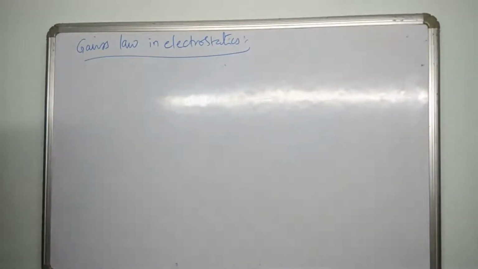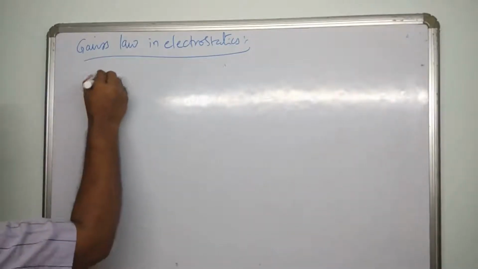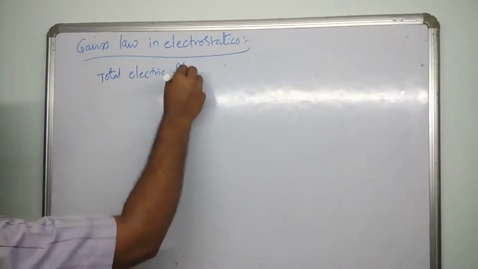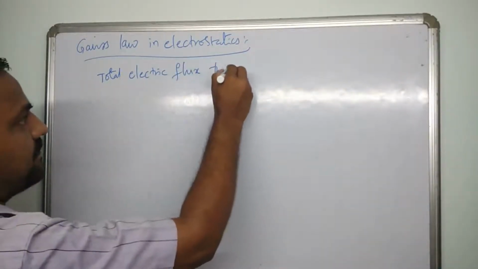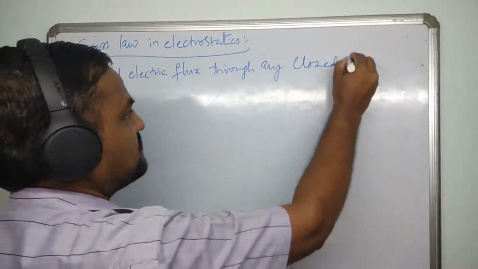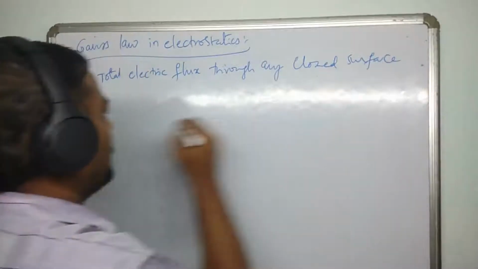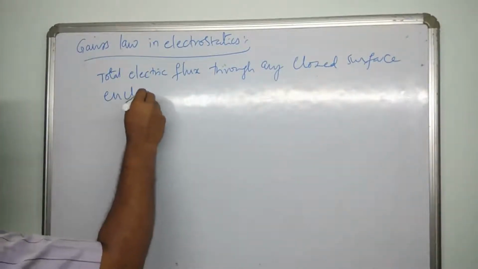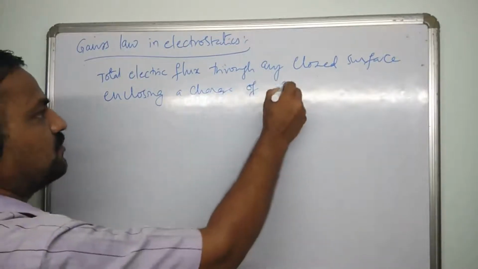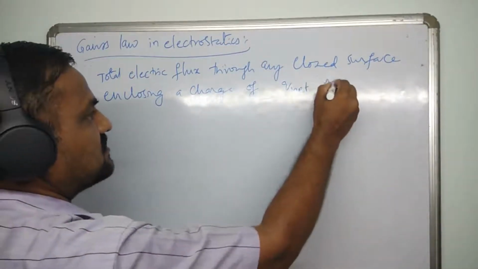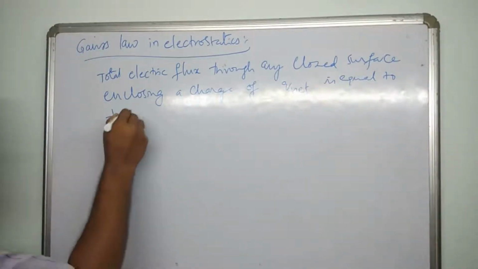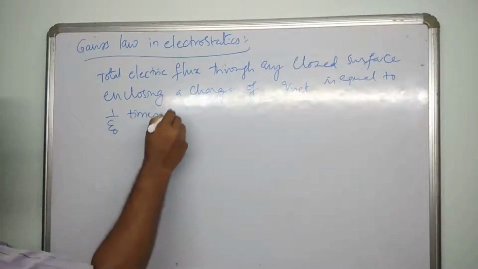Gauss law in electrostatics states that the total electric flux through any closed surface enclosing a charge of Q net is equal to 1 by epsilon naught times Q net.